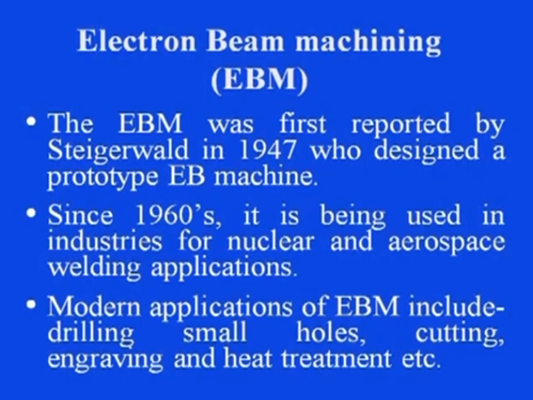However, modern applications of electron beam machining include drilling of small holes, as I have already indicated. Basically, it is used for precision machining of components, precision cutting, engraving and heat treatment, etc. This process also finds applications mostly in semiconductor manufacturing as well as micro machining areas.